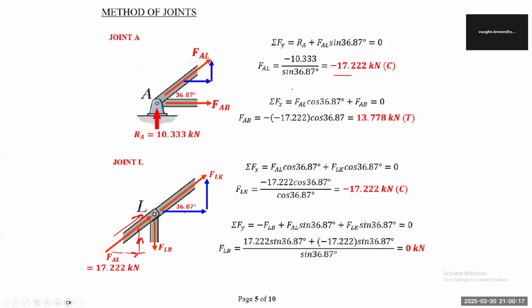So all you do here now, you start right here. You can write the X one first because you have these two. So one here and one here. So it is FAL cos of the angle. The angle down here was 36.87. So you get it there and it's positive. Then this one here, FLK cos 36.87, and you get that value.